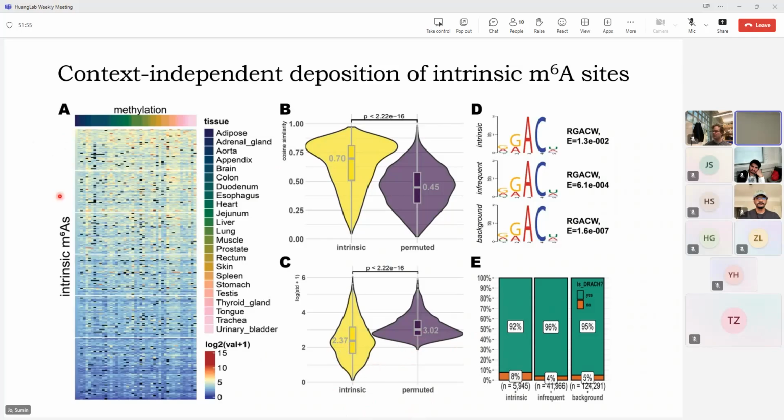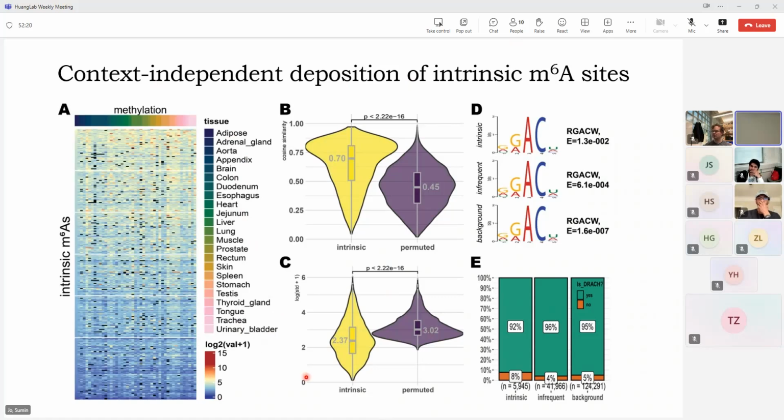So very interestingly, intrinsic sites are methylated across 24 tissue types, and their methylation level is significantly consistent across tissue types. However, their methylation range across the sites is very different.